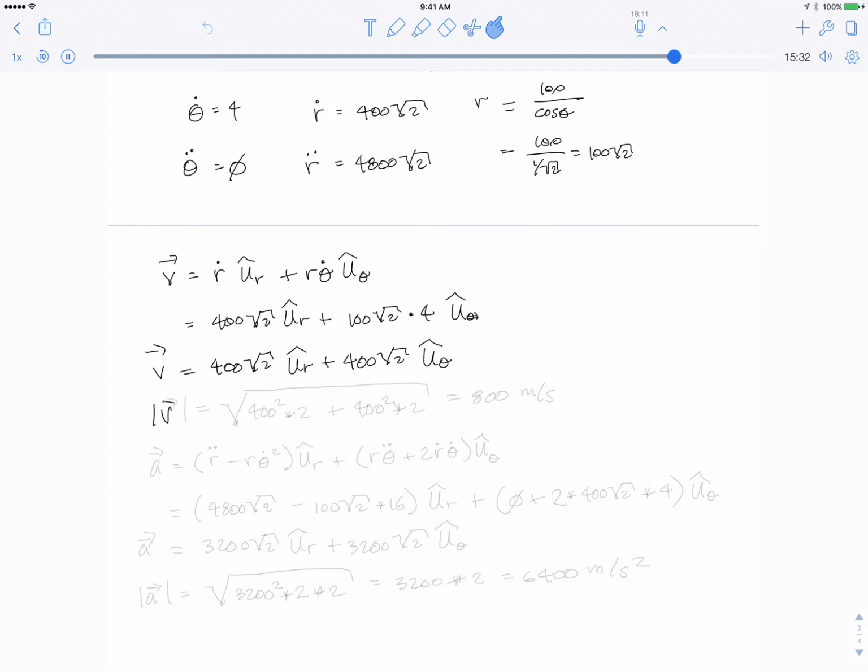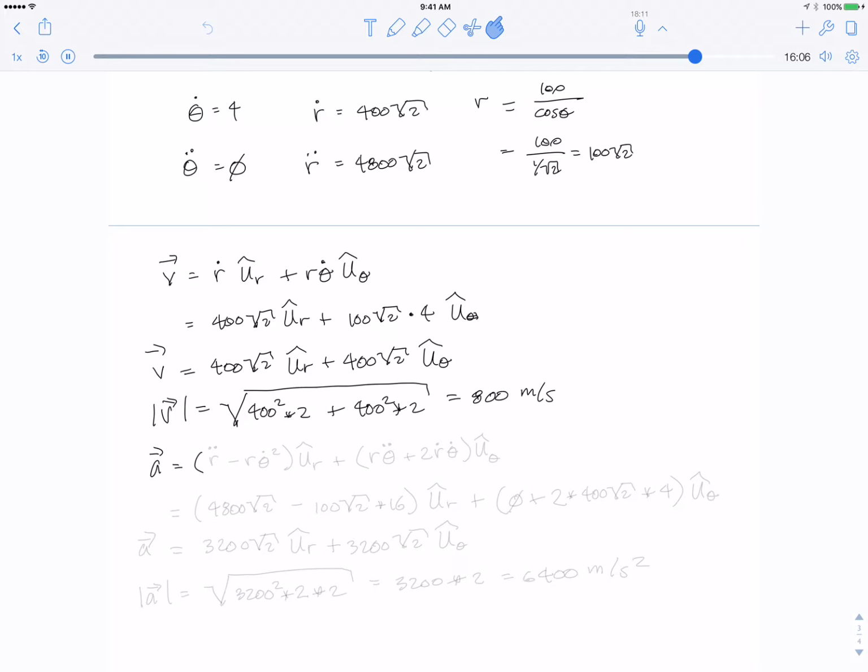So they want the magnitude, so we have to do the square root of 400 squared times square root of 2 squared plus 400 squared times square root of 2 squared, and that equals exactly 800 meters per second.